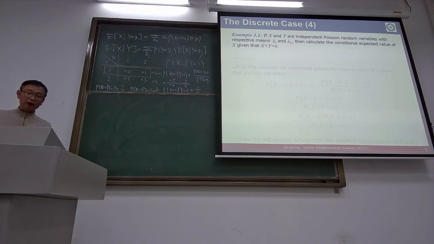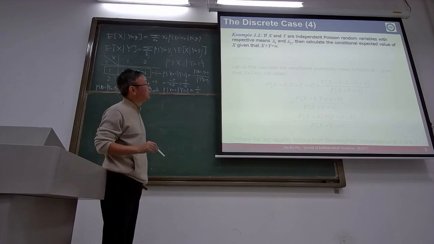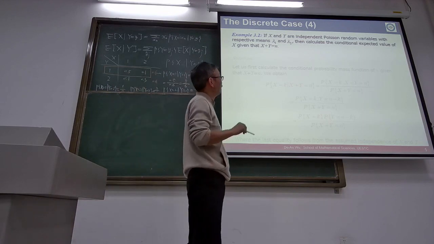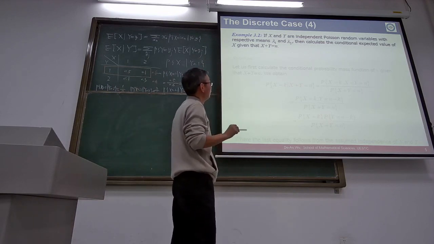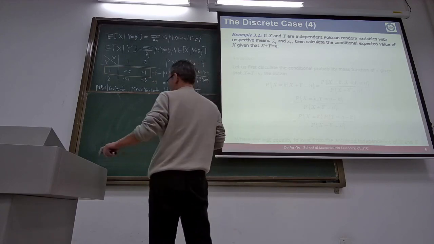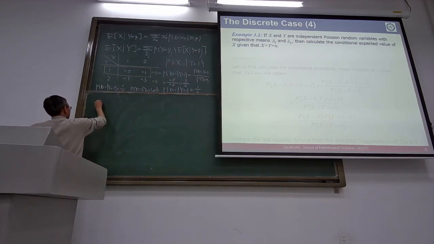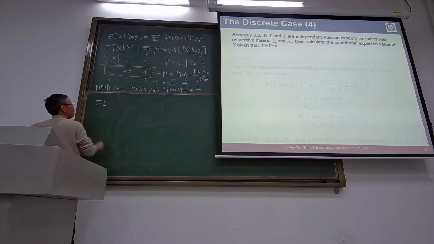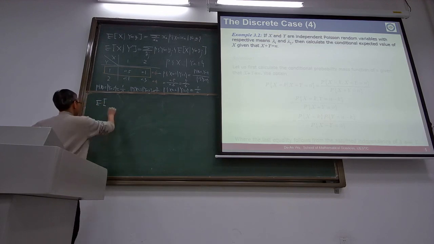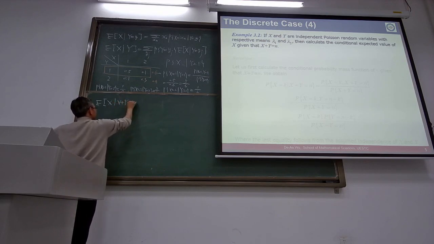Next one. If X and Y are independent Poisson random variables with respective means lambda 1 and lambda 2, calculate the conditional expected value of X given the sum equals n. That is to calculate the expectation of X given that X plus Y equals n.